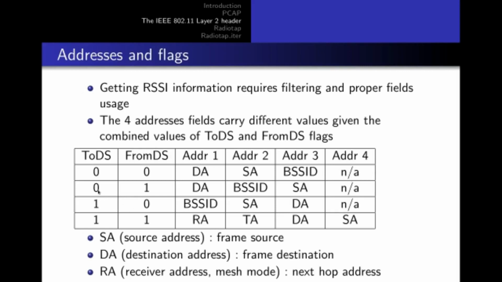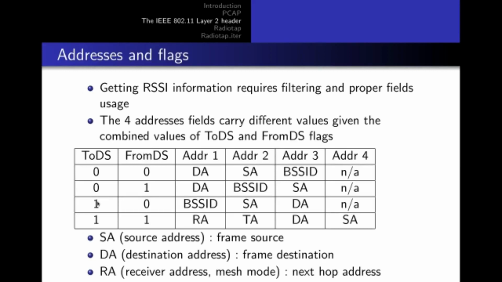With To DS 0 and From DS 1, you are sending a packet from the access point to one of its mobile clients. So the first address is the destination address, the second is the BSS ID, the third is the source address. So this one is the access point MAC address, and this one is the mobile station MAC address.